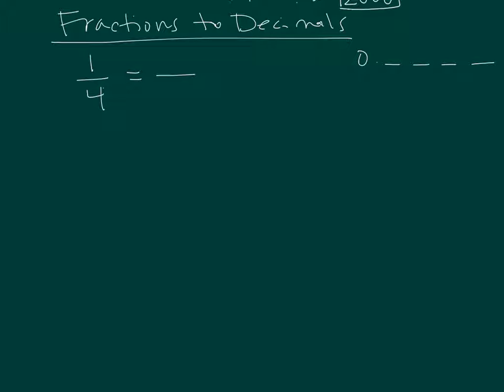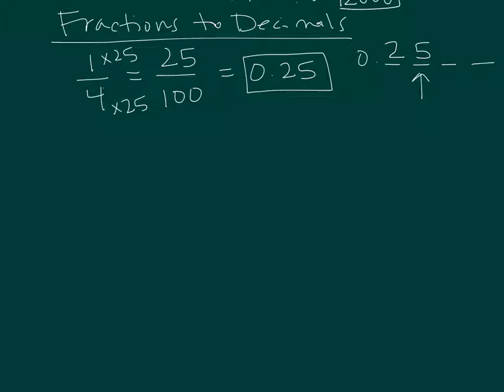Nope, that doesn't work. 4 goes evenly into 100 though, so this would be the second place. And therefore 4 times 25 is 100. You have to do the same thing to the top as you did to the bottom. 1 times 25 is 25 hundredths. That means the 5 has to end in the hundredths place. The 2 would go here, and that's 0.25.